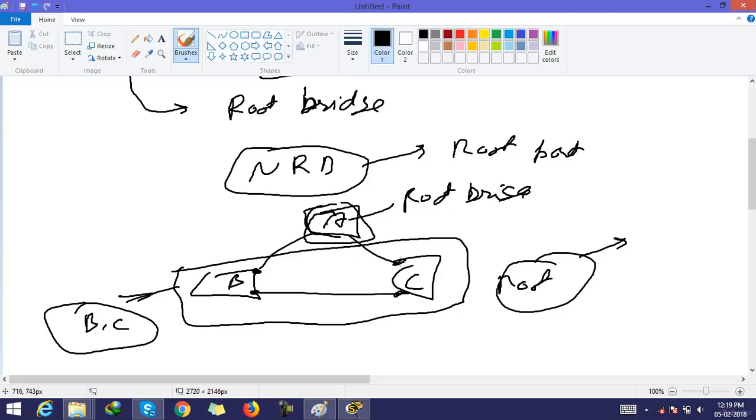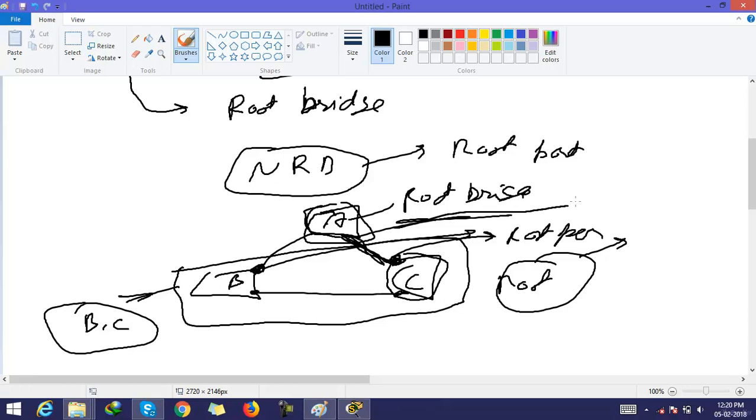For example, from the perspective of C, this link has the lowest cost to reach the root bridge, so this port is called the root port. For B, this port is called the root port. The port that has the least cost or best path to reach the root bridge is called the root port.